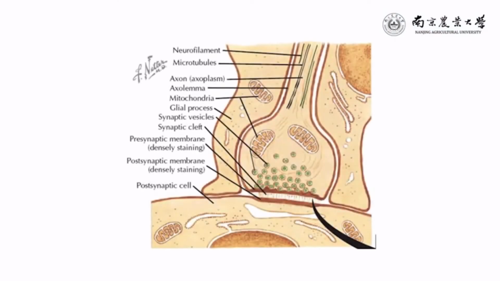The schematic shows the main features of a central nervous system synapse. We can see the neurotransmitters transported to the presynaptic terminal through microtubules and accumulated, which requires energy. So we can find an abundance of mitochondria in the synapse.